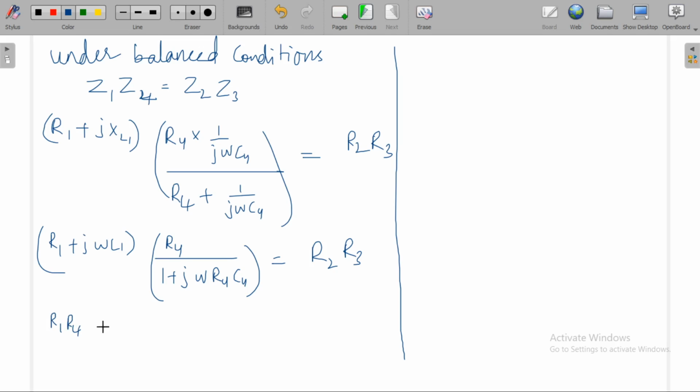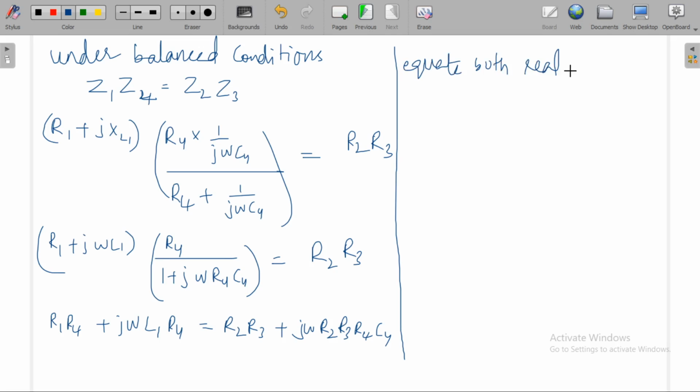So R1 R4 plus j omega L1 R4 is equal to R2 R3 plus j omega R2 R3 R4 C4. Equate both real and imaginary parts separately.